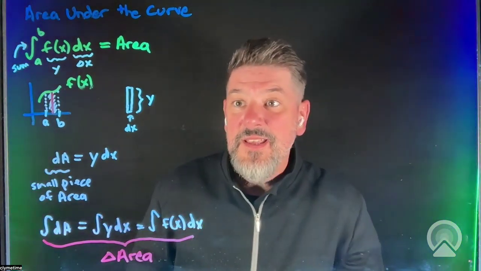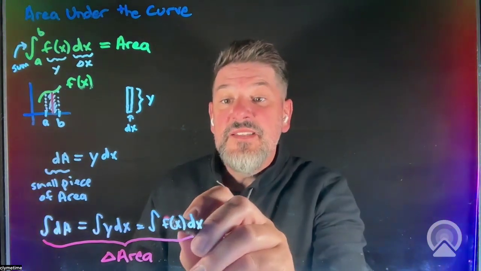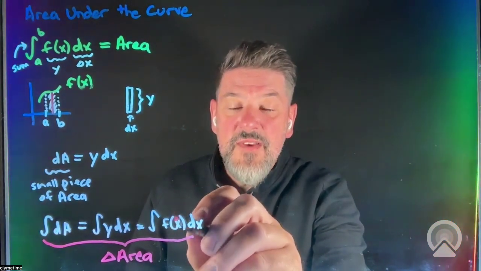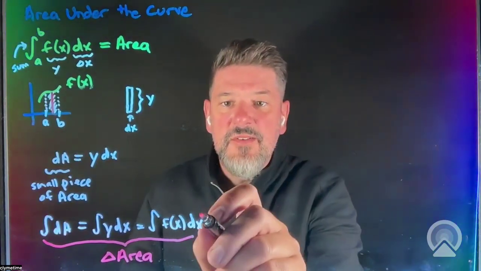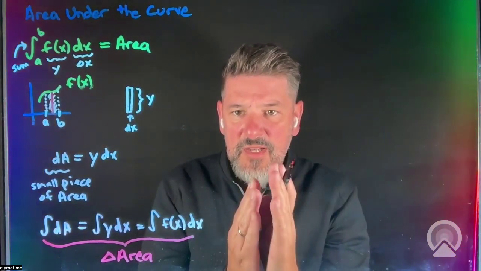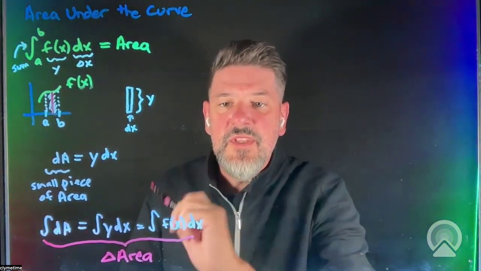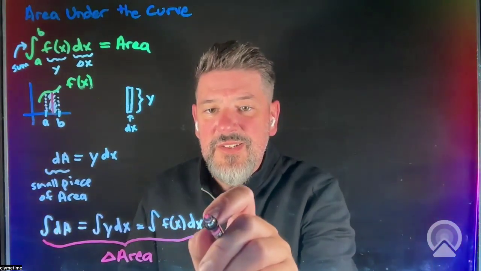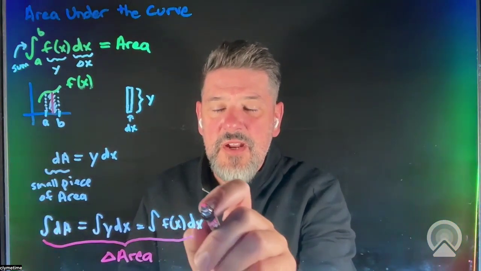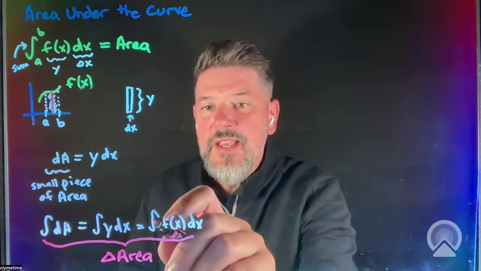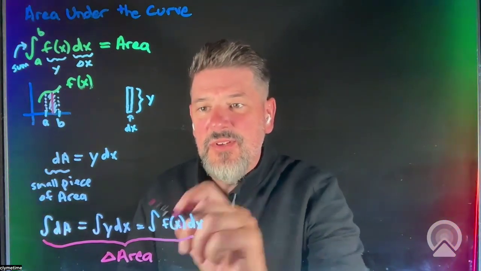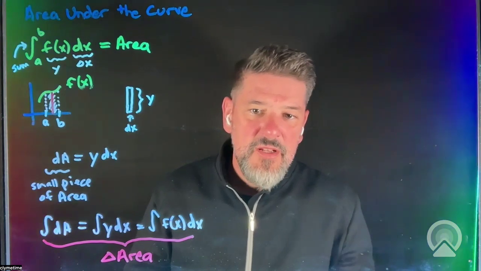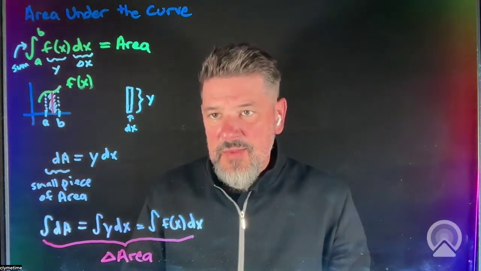The integral is the area underneath the curve, because f of x represents the y value, the height of a rectangle. The dx represents the width of a rectangle. And height times width gives us area. So this is the area of one little tiny rectangle. And this integral represents the sum of all the little tiny pieces of area.